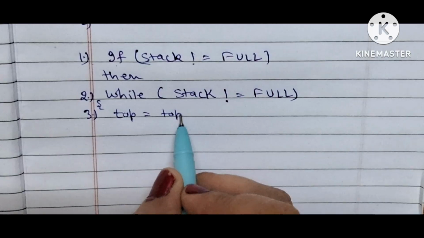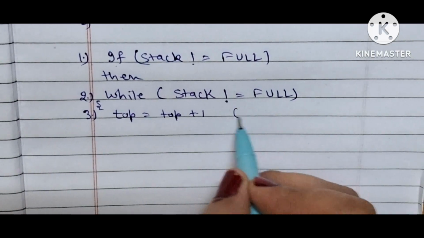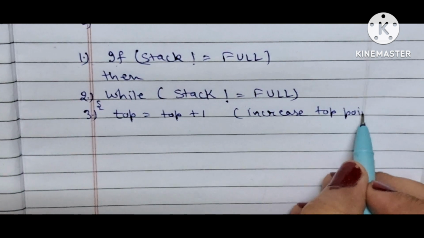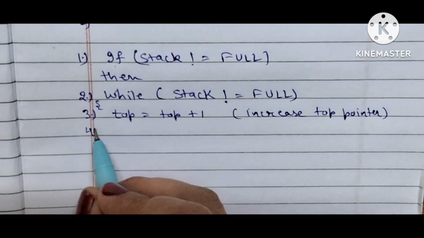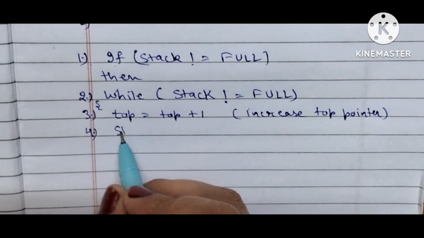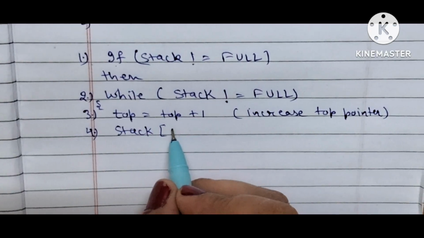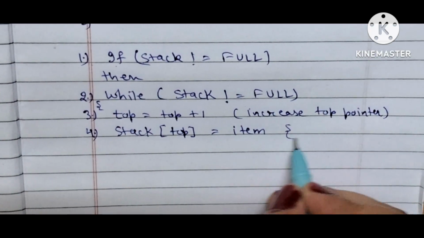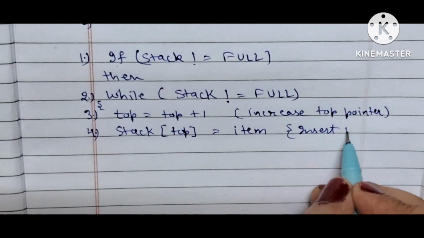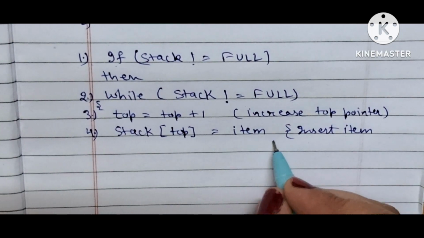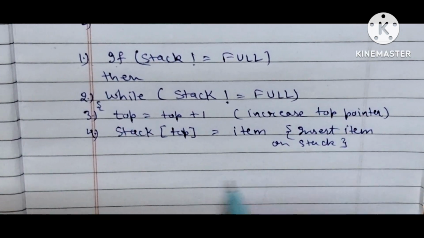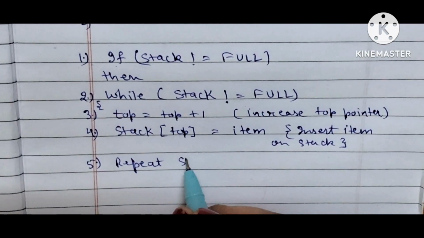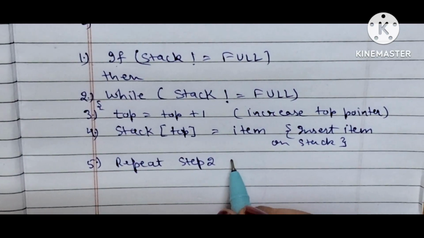If the stack is not full, then we have to insert or push an element at the top. So we first increase the value of top by 1. Then we put the item at the top position of the stack, which we have defined as an array. So we insert an item onto the stack.